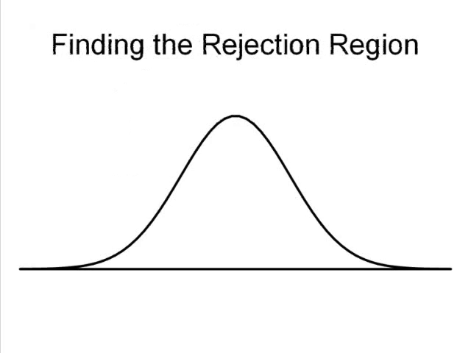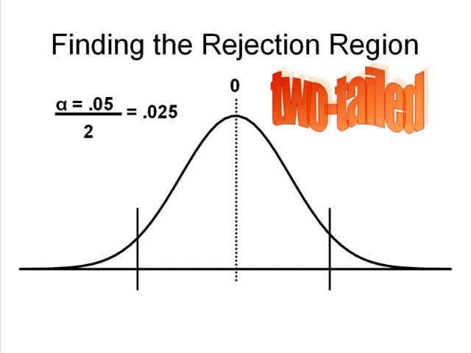Step number 4, we need to find the rejection region. Now before we find the rejection region, let's look at our situation here. What we're asking is if the mean of the data is less than 3,100 grams. So I'll draw a normal curve. We have to assume a normal curve in this case. We've got an alpha of 0.05.